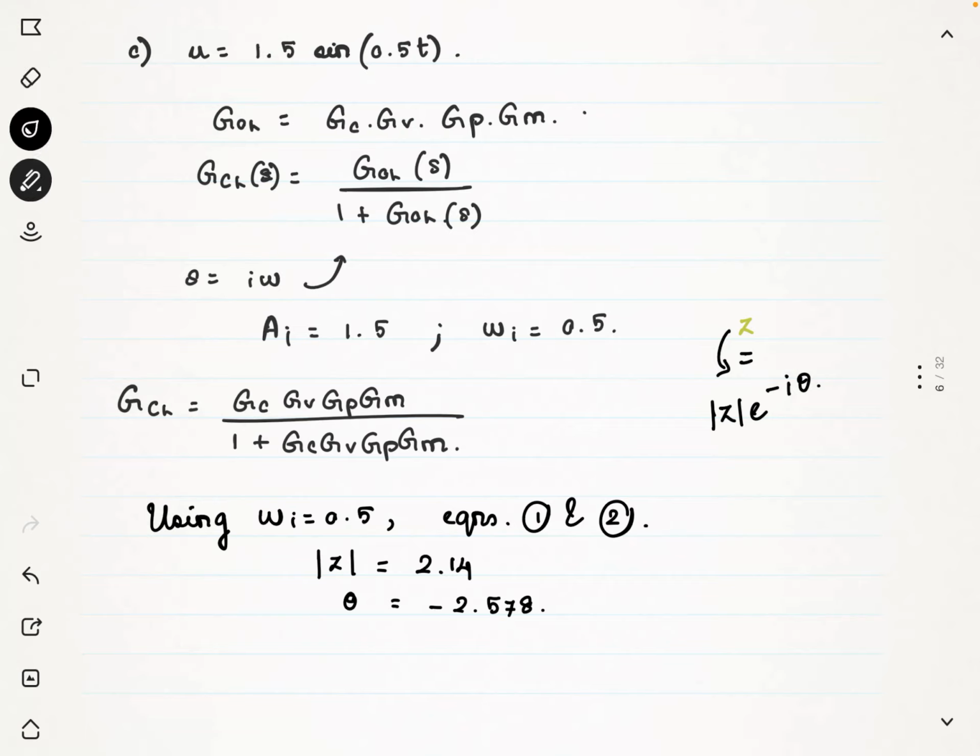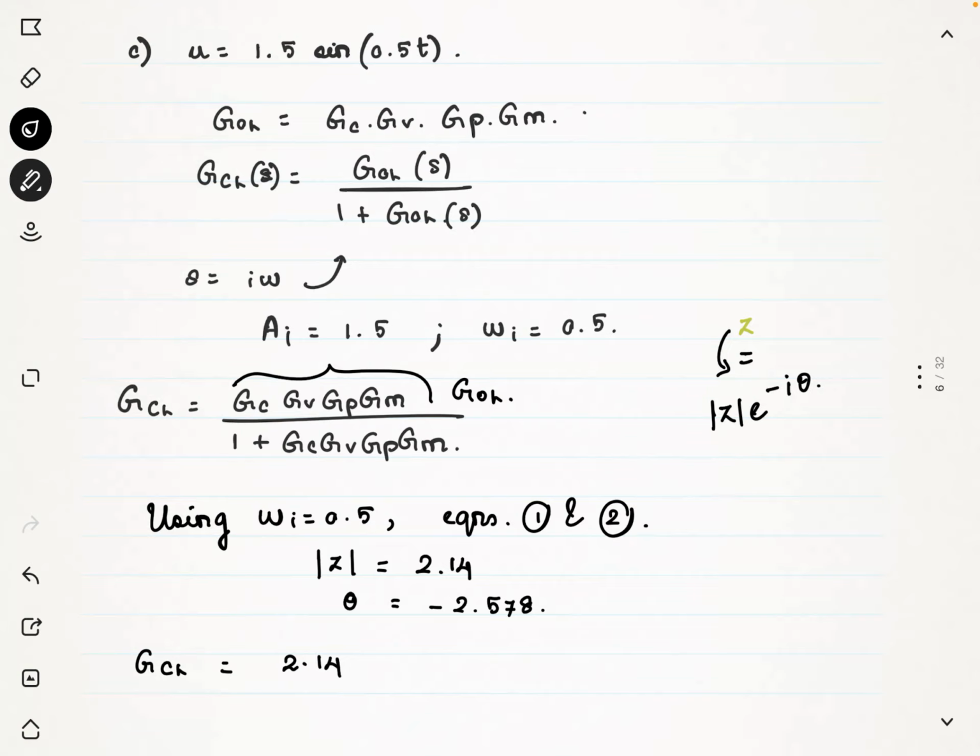And so now we can express the whole numerator in polar form. So it will become GCL into this term. So this is the open loop transfer function, right? So the open loop transfer function, a complex number expressed in polar form, will be z into e power minus i theta.